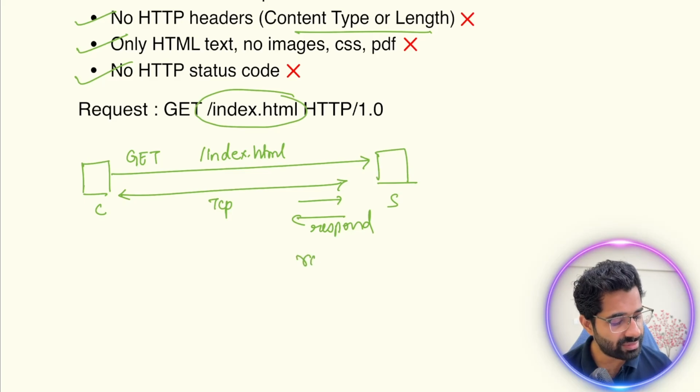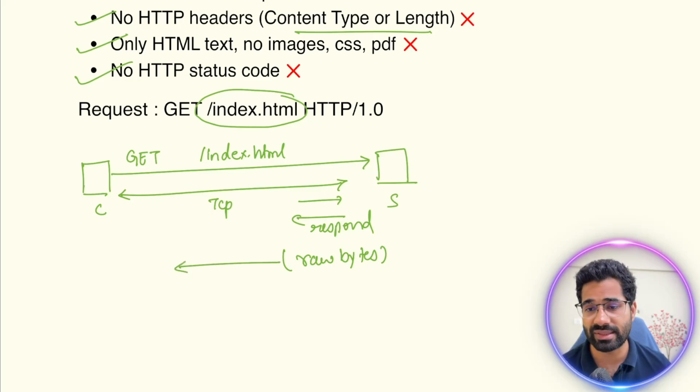Now these raw bytes were neither encrypted nor encoded. Just ASCII raw bytes were sent back to the clients, and the clients would read these raw bytes and unmarshal that data as plain text HTML.